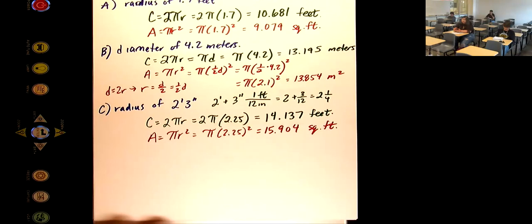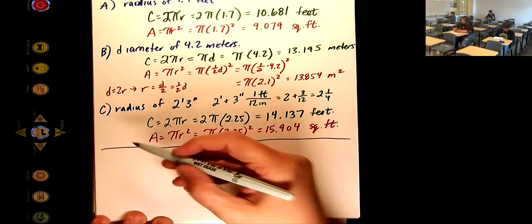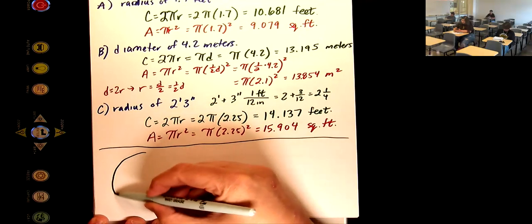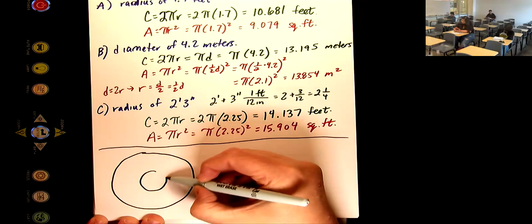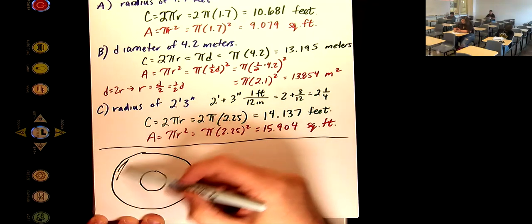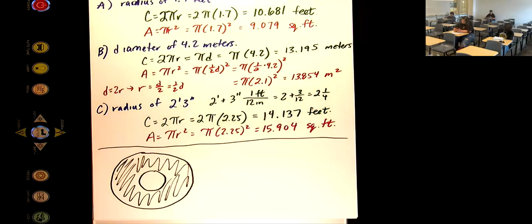Okay, we could do something a little different. Let's say I've got like a washer, but it's a really big washer. Or a donut, basically.